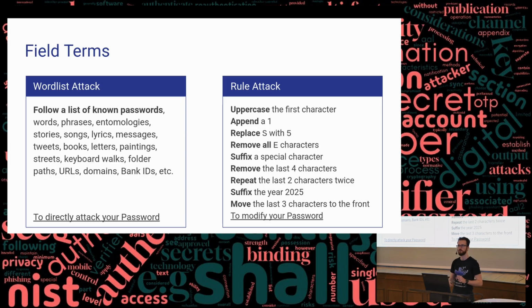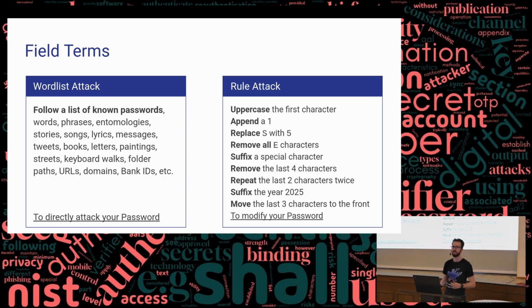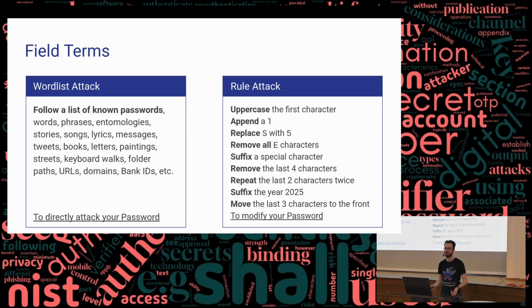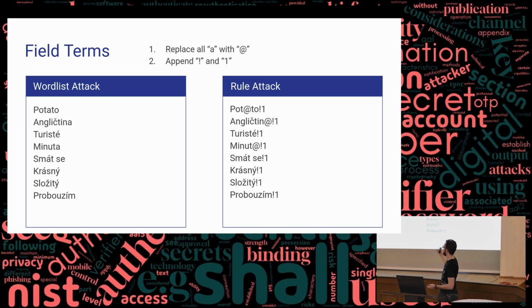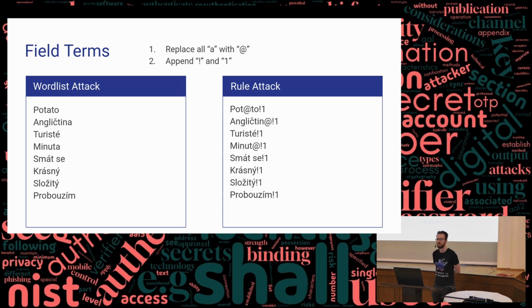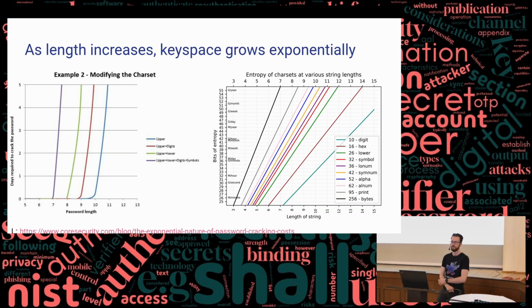And when we talk about rules or rule attacks, we mean the modifications that happen to those passwords. For example, we can change potato into that. I've chosen some local words to modify. So this is pretty straightforward.